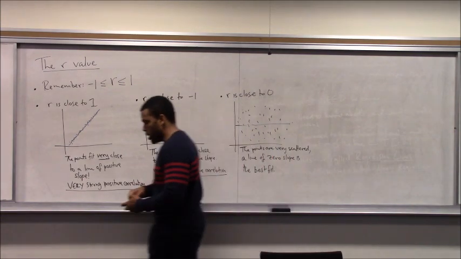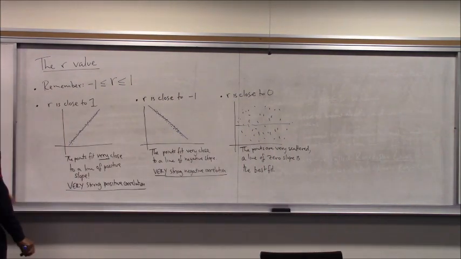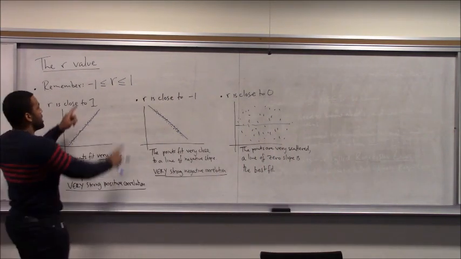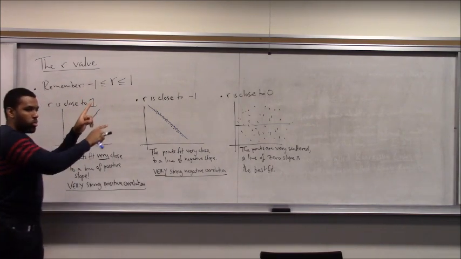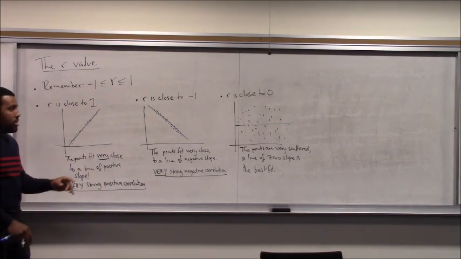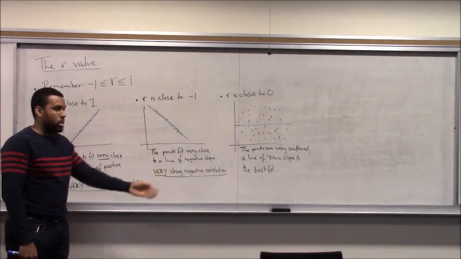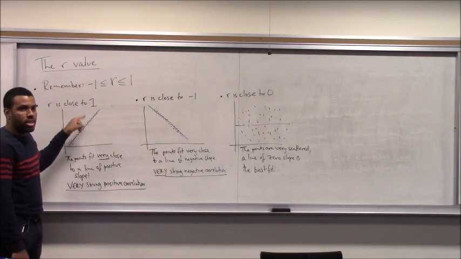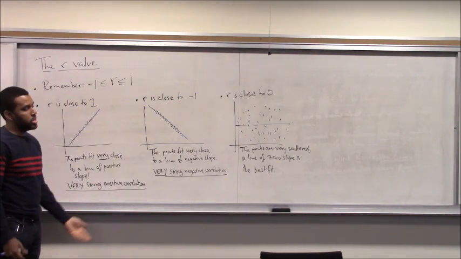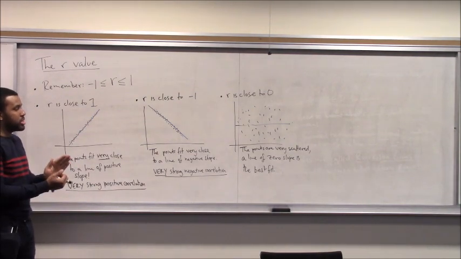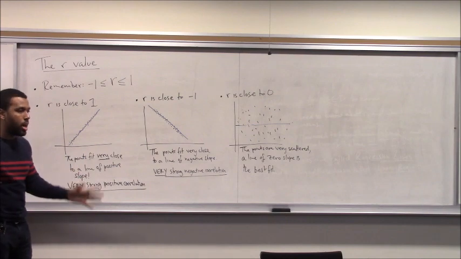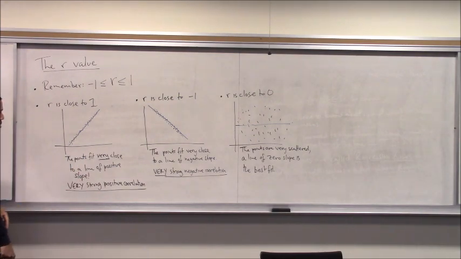Now I do want to mention here, even though it's not really important for us, that actually achieving 1 or -1 is near impossible. For the R value to literally equal -1, you have to be on the line for every single point, which is not going to happen. So you'll always get close to 1, like 0.99 or 0.9 something, and that's the best you can hope for in reality.